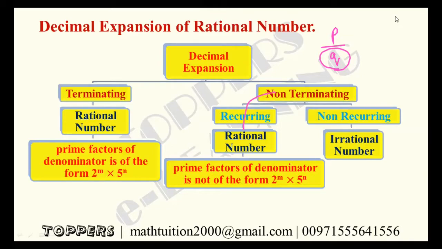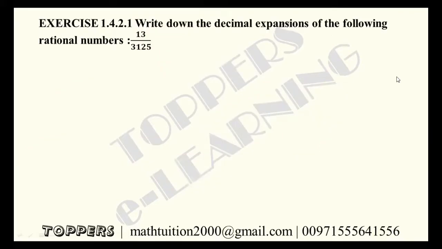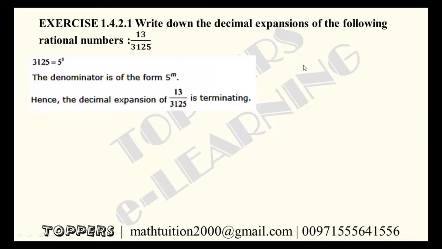Now, let us start the exercise. 1.4, second question, first sub-question. Write down the decimal expansion of the following rational number, 13 by 3125. We already found that the prime factorization of the denominator 3125 is 5 raised to 5.